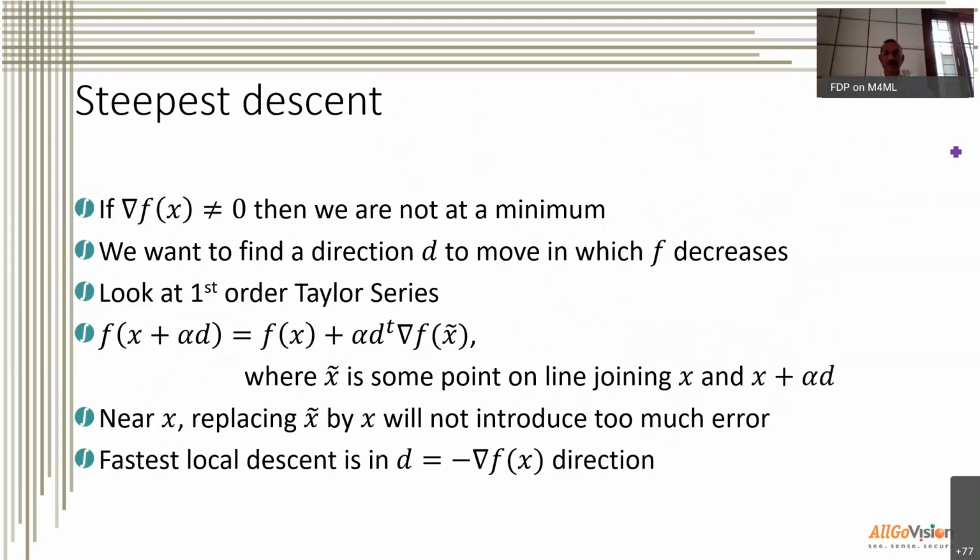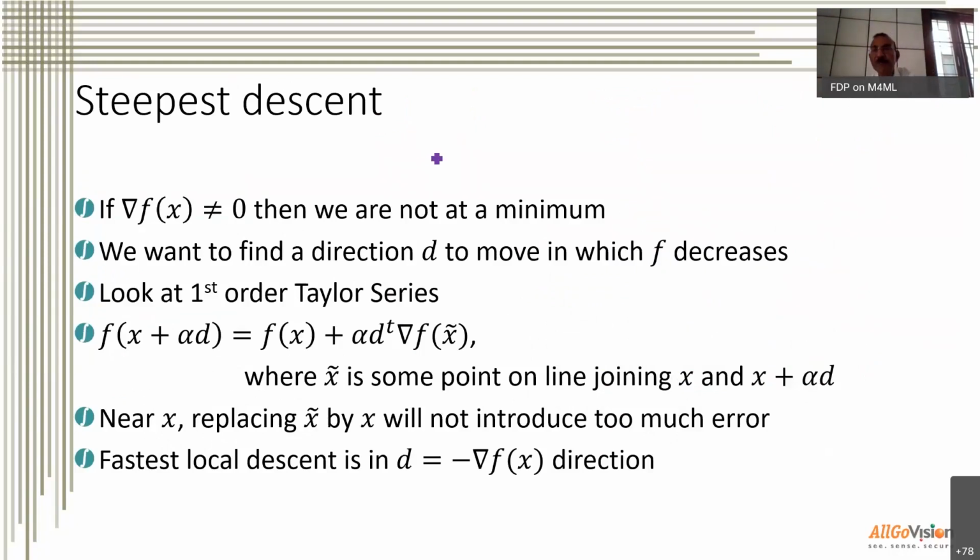Now we come back to our main optimization problem and try to see how we can optimize a function. So the first method we are going to talk about is called the steepest descent method.